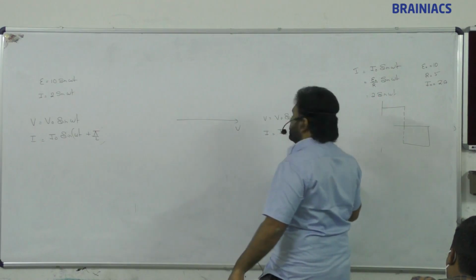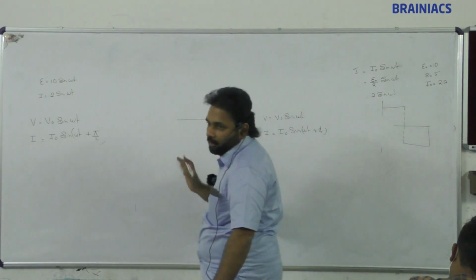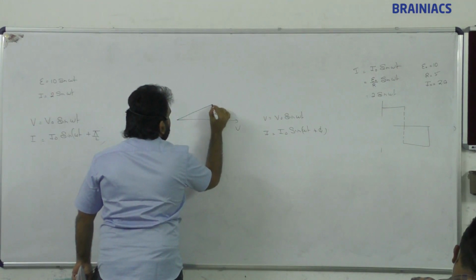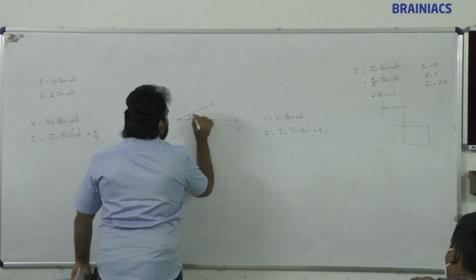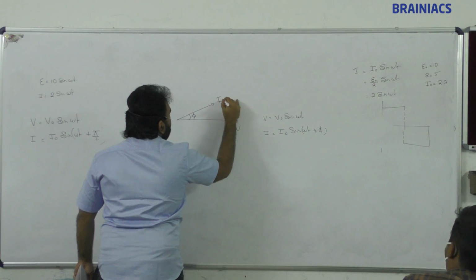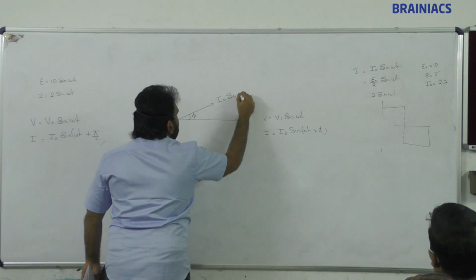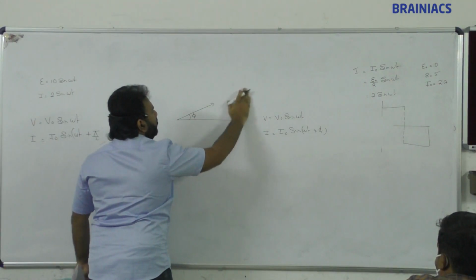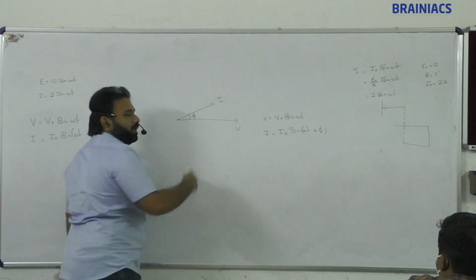Based on whether this is positive or negative, it can be lead or lag. So we could say that if this is a phasor diagram, this will be I, which is leading the voltage by phi. Okay, this is how we can write.